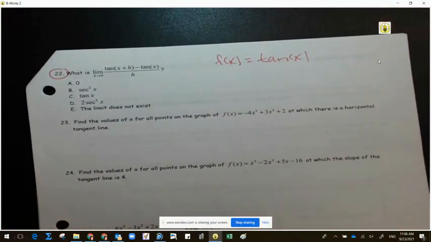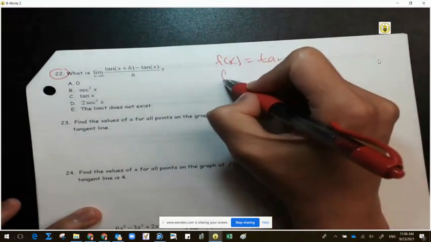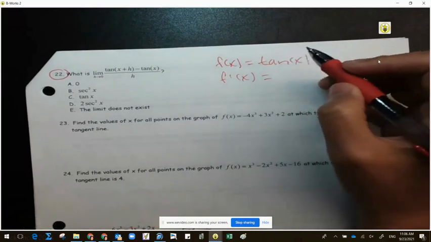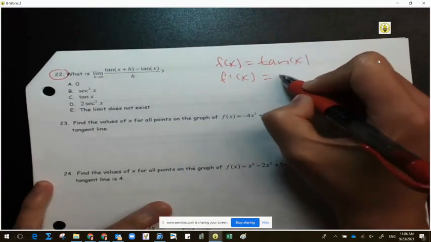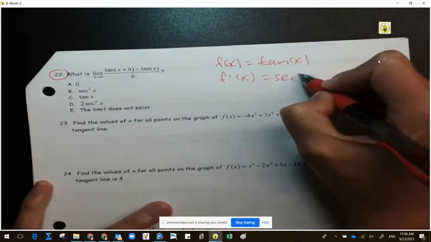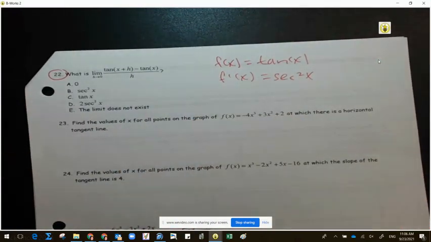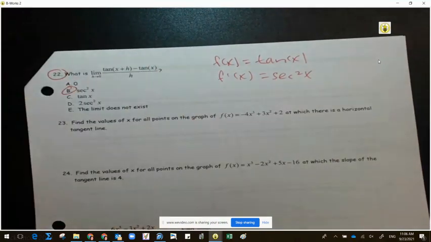And it says the limit as h is approaching 0 means, what is our derivative? So what is the derivative of tangent that we used on number 16, I think? Secant squared of x. And this one did not say when x equals some number. And because it didn't really tell us any of that, it's simply the derivative. So if it says when x equals something, then you plug it in. If it doesn't, you just write it out in terms of x.